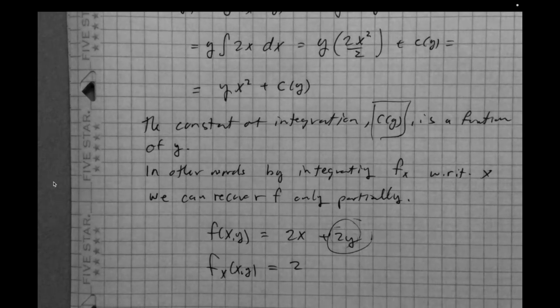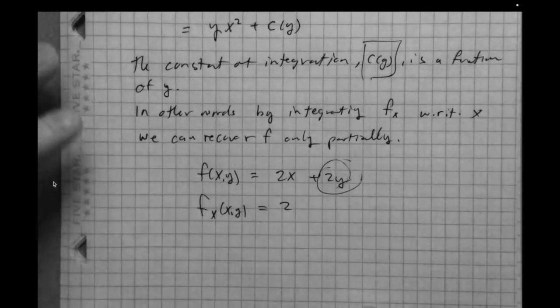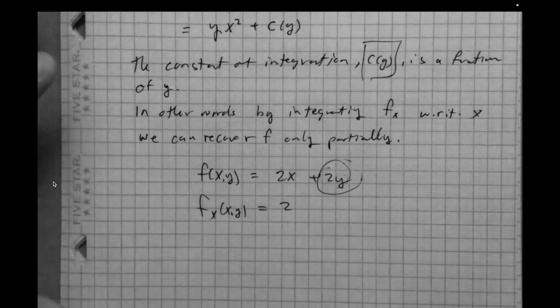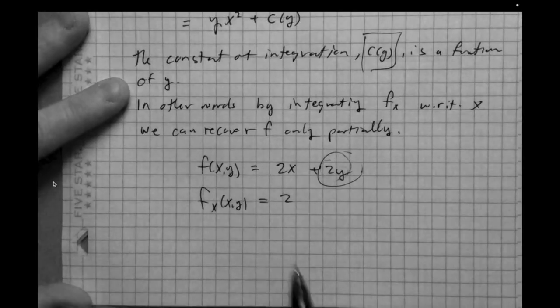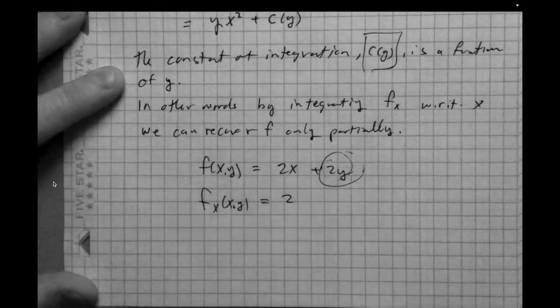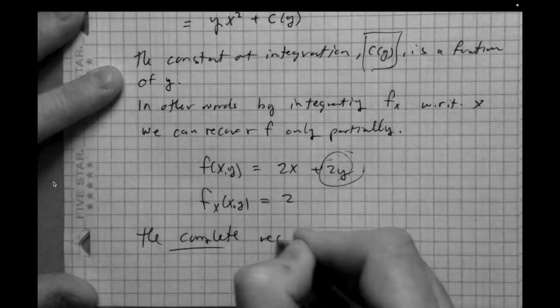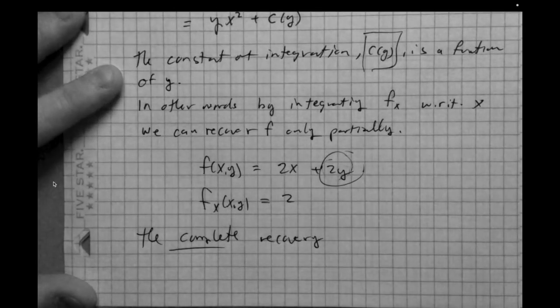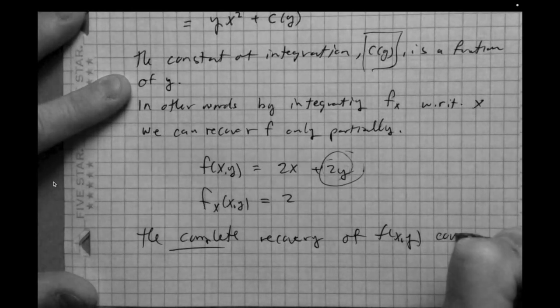The complete recovery of f is possible in some cases, but that's something we'll talk about much later. In fact, we may not even get into that in Calculus 3 at all. So let me write that down: the complete recovery of f of (x, y) comes later.